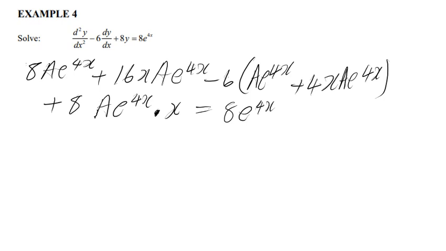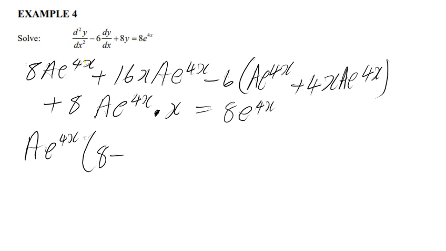Then we have to group the like terms. Or you can take out the common factor. It's up to you how you want to do it. I normally take out the common factor. So we can say ae^4x is the common factor.